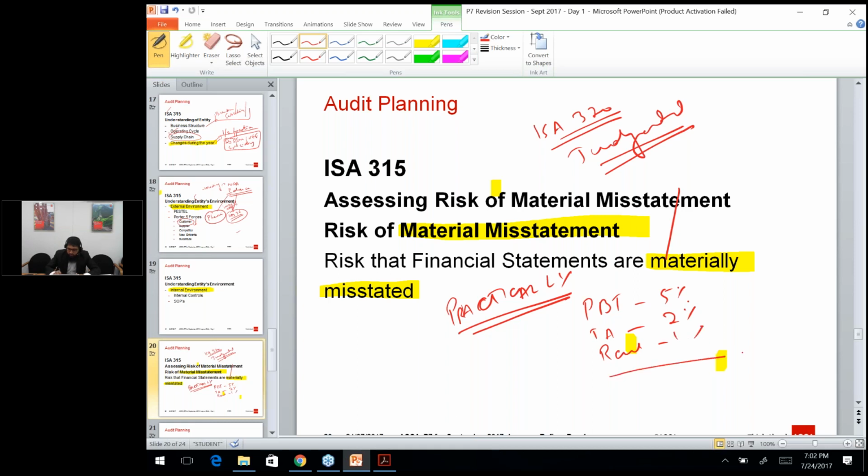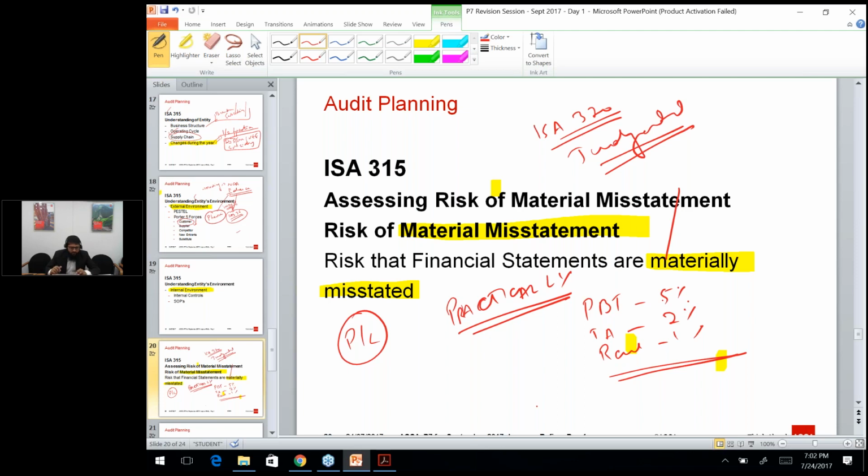So for example, if you have a profit and loss account item, you will compare it with the overall profit before tax and see whether it exceeds the 5% mark or not. If you have a balance sheet item, you'll compare it with total assets. And if you've got a sales item, you'll probably compare it with revenue.